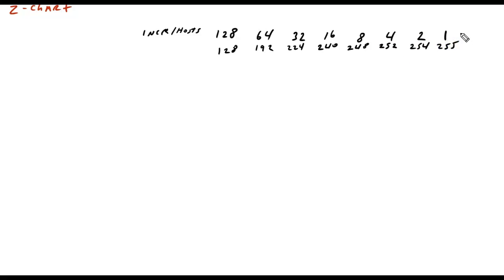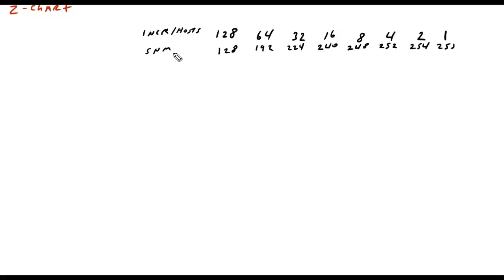Now all this is, as I went across here, I added 128, and then I added another 64, and I added another 32, and I added another 16, and I added 8, and so on, all the way across. This is going to represent the subnet mask numbers. And again, you'll see how I use this a little later on.